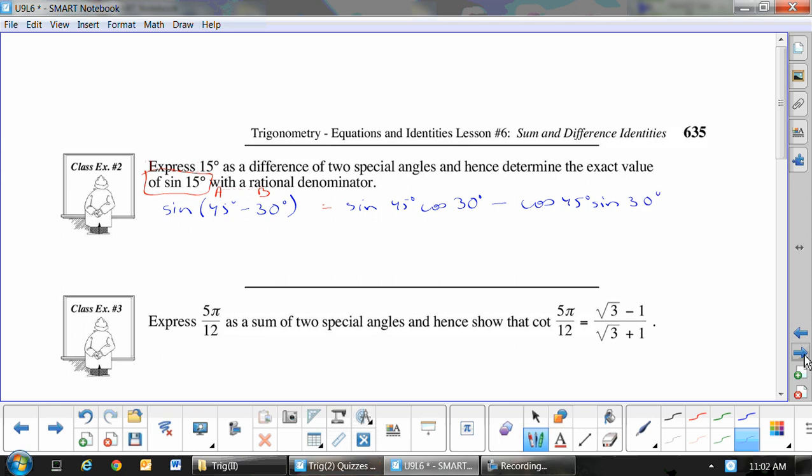All I did was fill in my formula: whatever's an A in the formula, I put A's in, B's, I put B's in. Now, let's see how fast we can do these. What is sine 45? Root 2 over 2. What's cos 30? Root 3 over 2. Minus, what's cos 45? Root 2 over 2. And sine 30.